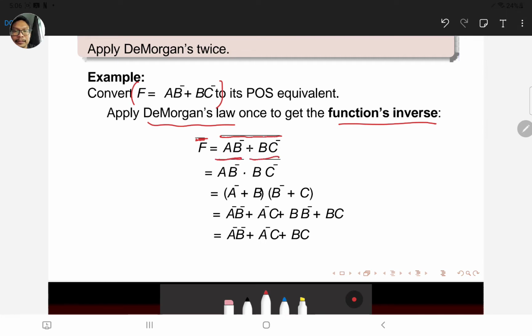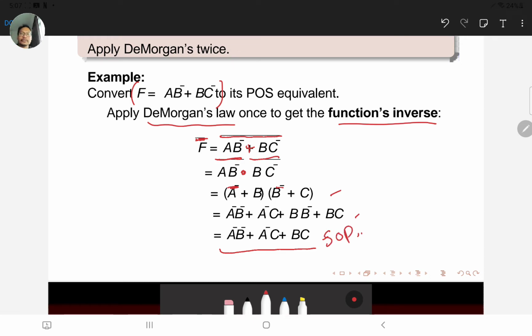This plus here becomes a dot, and we can split furthermore. If we keep doing the split, it's going to be A bar plus B, and with B bar plus C, and eventually we are going to get the following SOP form.